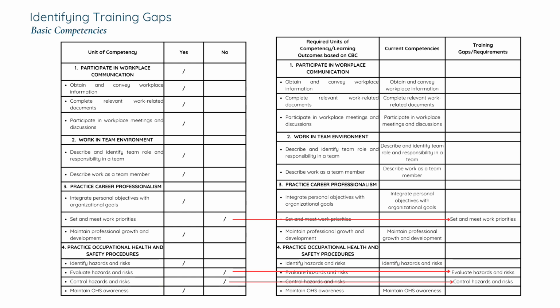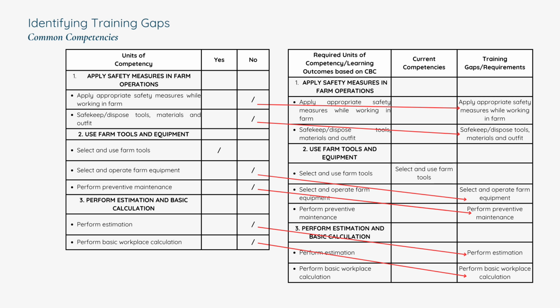However, training gaps were noted in setting work priorities, maintaining professional growth, and evaluating and controlling hazards. In common competencies, students were generally competent in applying safety measures and performing calculations, but gaps were found in preventive maintenance and proper operation of farm tools and equipment.